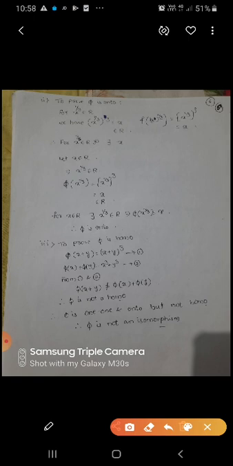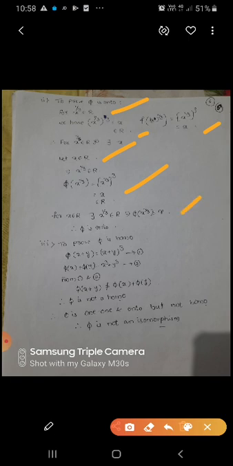So for x^(1/3) belongs to R, we have (x^(1/3))³ = x belongs to R. φ(x^(1/3)) = (x^(1/3))³ = x. Let x belong to R, which implies x^(1/3) belongs to R. So that implies φ(x^(1/3)) = (x^(1/3))³ = x belongs to R.